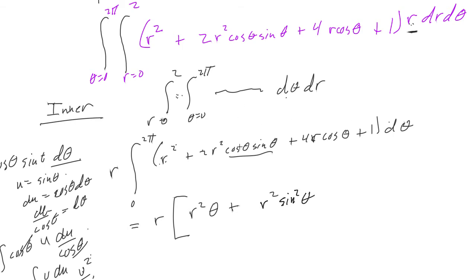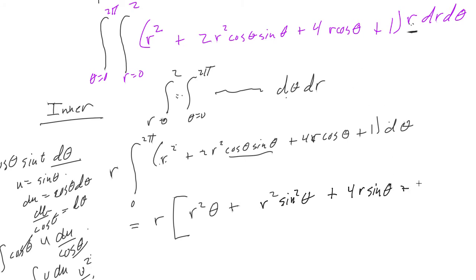All right, so all I did was integrate 2r squared cosine theta sine theta. There's the work over there, if you want to follow what I did. That's the answer I just got, plus, I just did a u substitution. Now I have 4r cosine theta, so the integral of that is just 4r sine theta. And that one stays positive, yes.